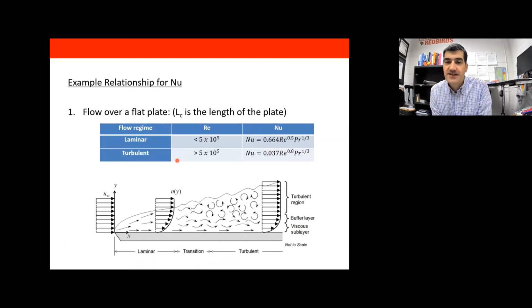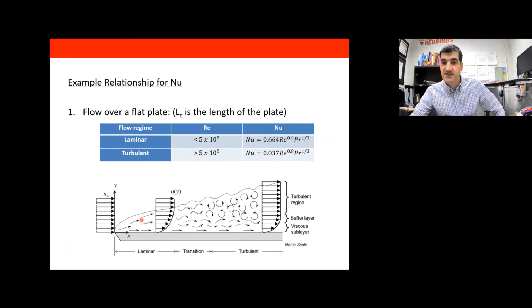So here is the situation for flow over a flat plate, or really any flat solid surface. You've got fluid flowing over the flat plate. Initially, it's laminar. So this would have a lower Reynolds number in this region because it has a lower characteristic length.